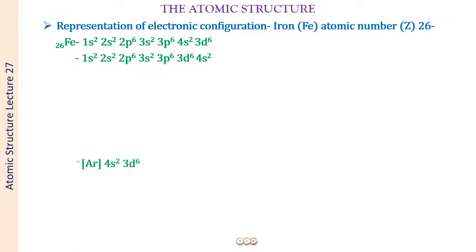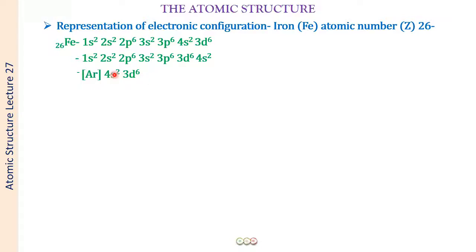We can also represent this configuration by first writing the nearest noble gas. The nearest noble gas before atomic number 26 is argon, which has atomic number 18, so we write argon in a bracket. This means up till argon, this is the configuration, and after argon what is left is 4s2 and 3d6.